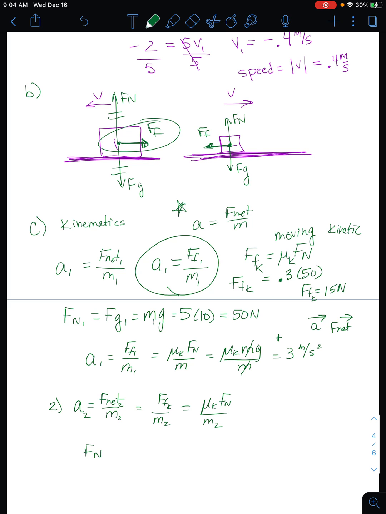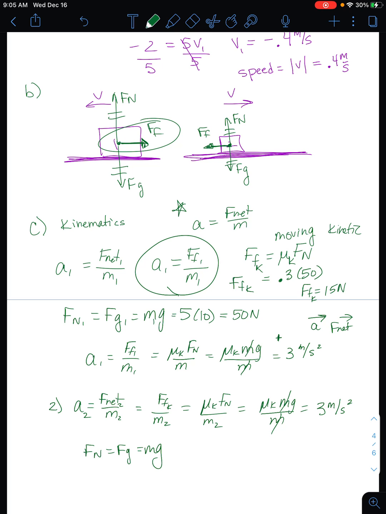And now again, Fn is equal to Fg here. Those two are balancing, which is equal to mg. And so I can really just do mu k mg over m. And so what I'm getting is 0.3 times 10. Look at that. It's the same acceleration that both blocks are experiencing. It's going to be 3 meters per second squared.